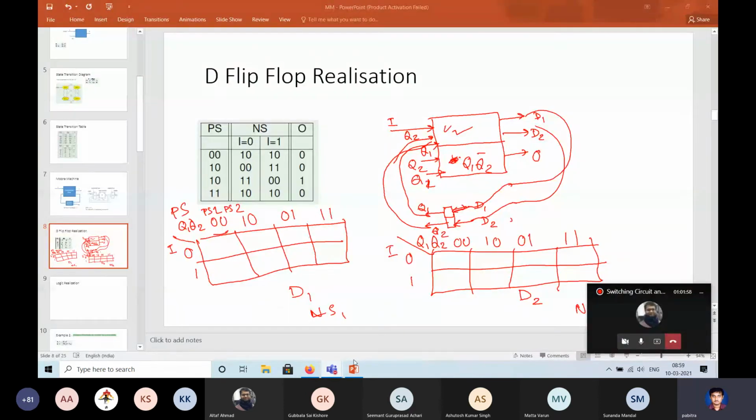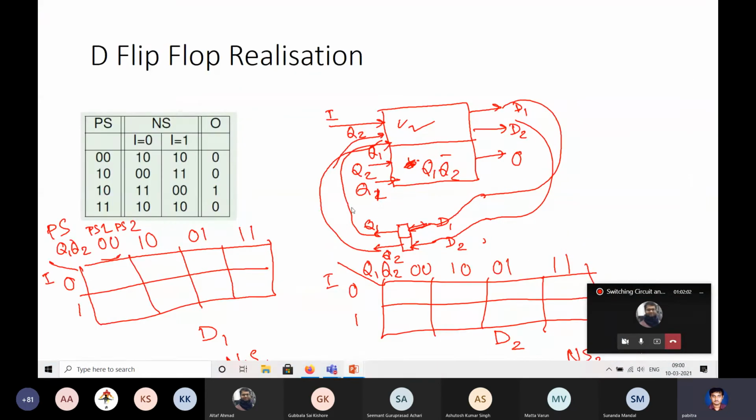Complete this Karnaugh map for D1. Anybody, please tell me the on entries for D1. Okay, so let's look at this column.